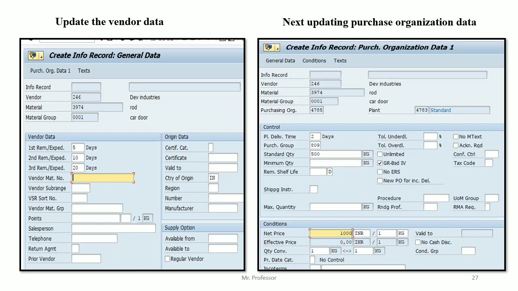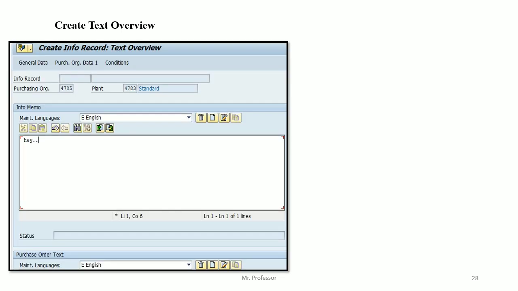Select the info category as per requirement. Then fill in the required details such as material group, vendor material number, personal details, order unit, and origin data. Now create the text overview, then save the data. Please take a look over there, you will get an idea about the process.